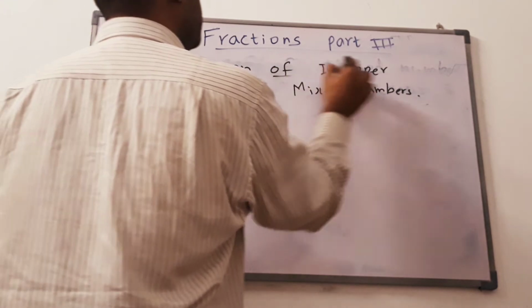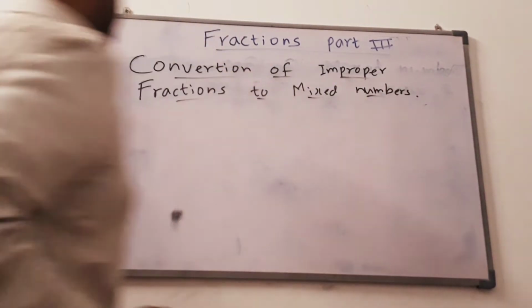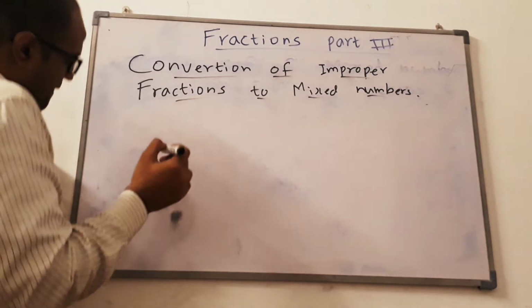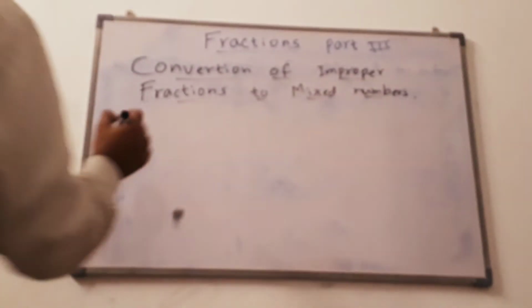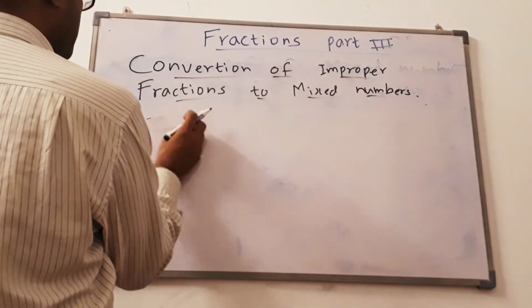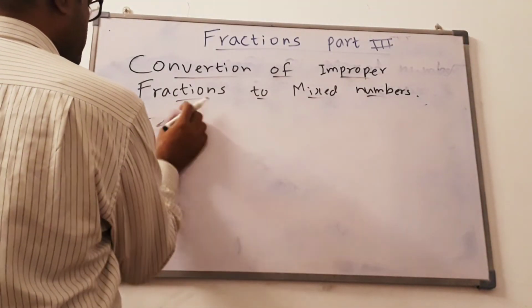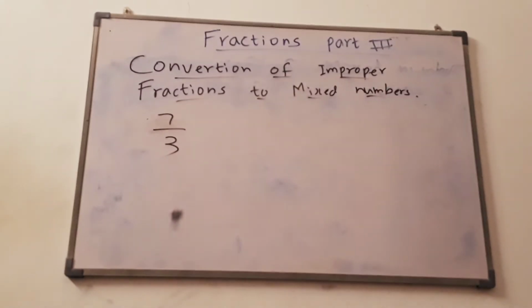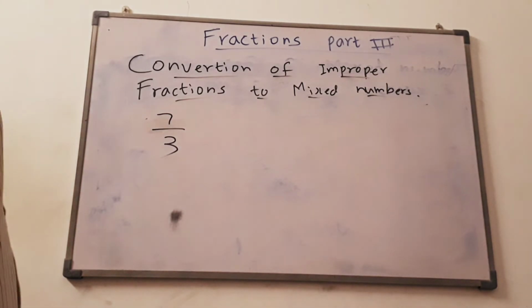Okay, suppose we have 7 out of 3. How can we make this into a mixed number?